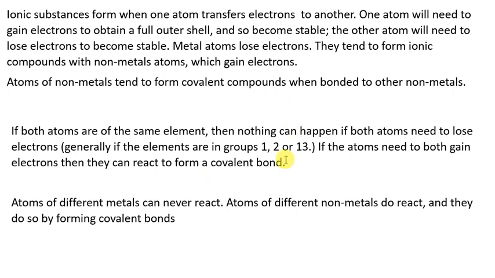It's the metallic elements we find in groups 1, 2, or 13. They have atoms which tend to lose electrons, and atoms of different metals can never react. Atoms of different nonmetals do react, and they do so by forming covalent bonds.